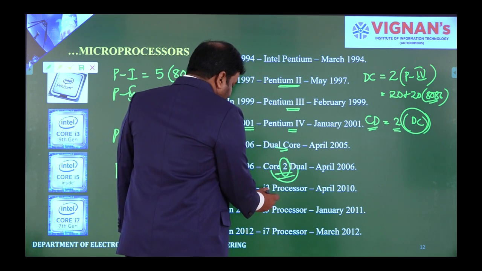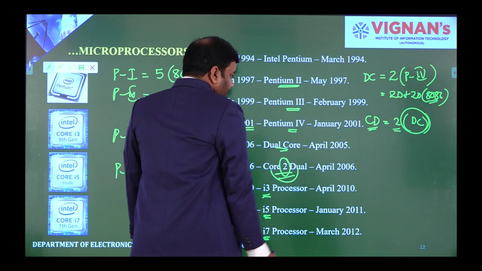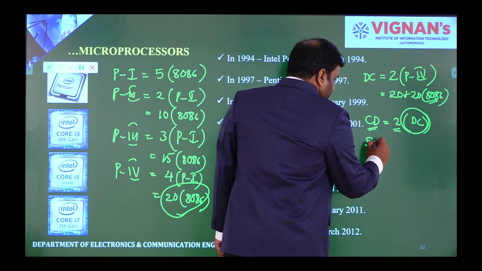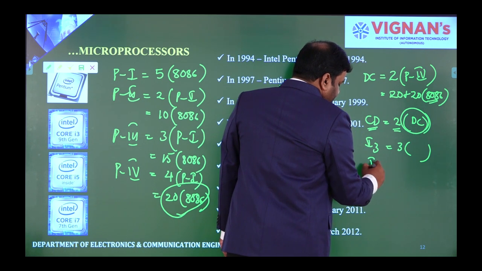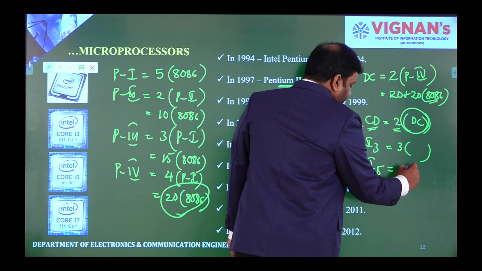Next, i3, i5 and i7. For example, if I need an i3 processor, I am using 3 cores. If it is an i5 processor, I am using 5.